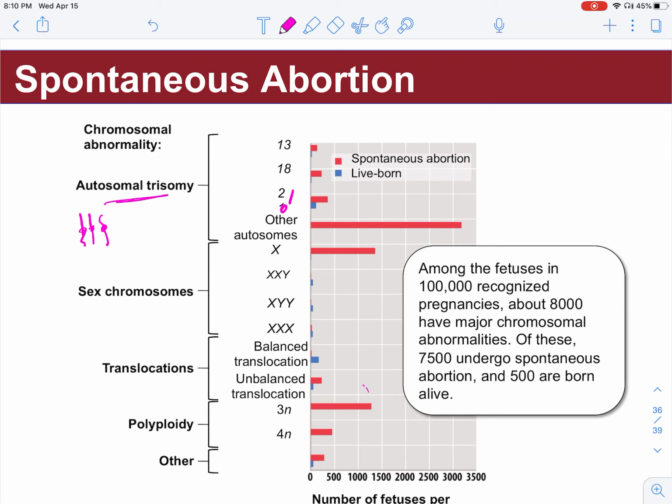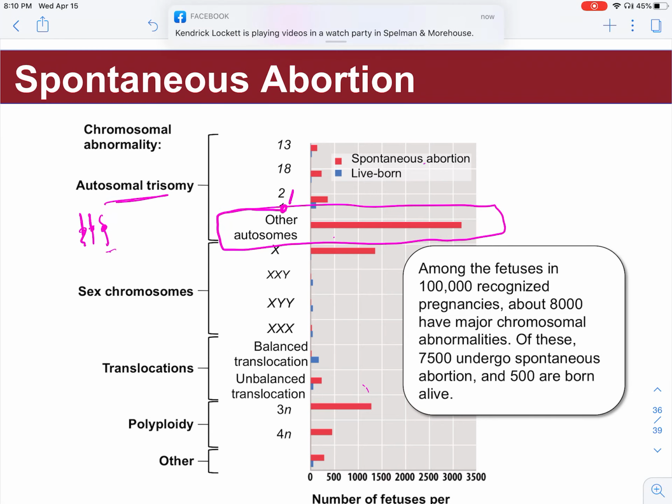And you see in general, if you look here at the other autosomes, if there is a non-disjunction event, then you get a spontaneous abortion. For most of our chromosomes, we cannot tolerate having an additional chromosome or missing a chromosome. Those are not viable organisms, and usually they spontaneously abort relatively early.